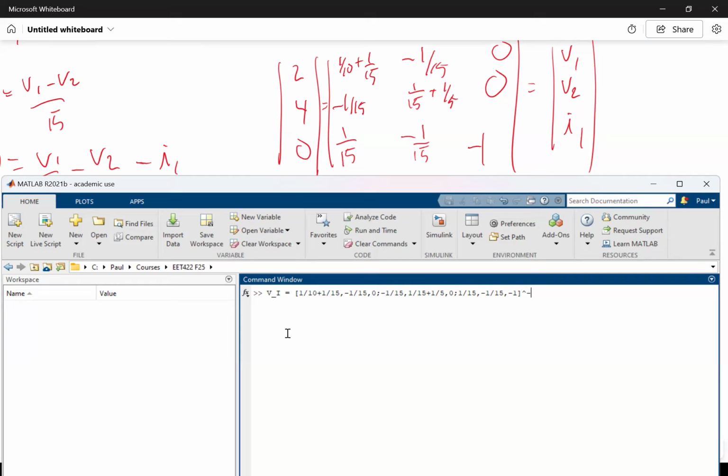That's going to be raised to the -1 power. And then I'm going to multiply that by 2, 4, and 0. And when I hit enter, hopefully I get 20, 20, and 0. It's still 0, right?